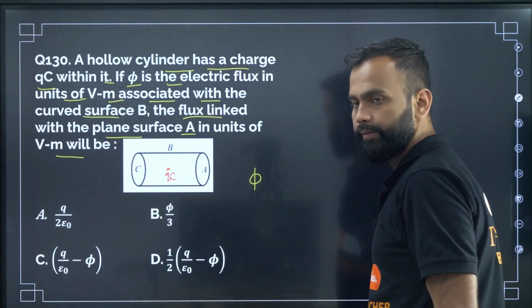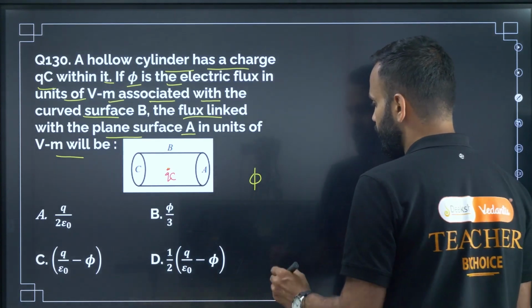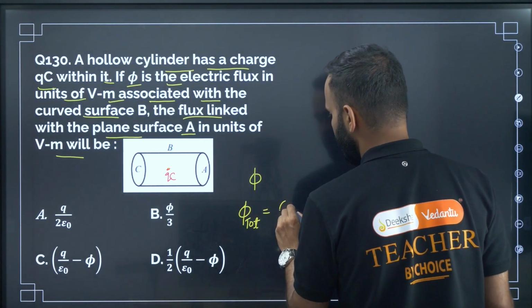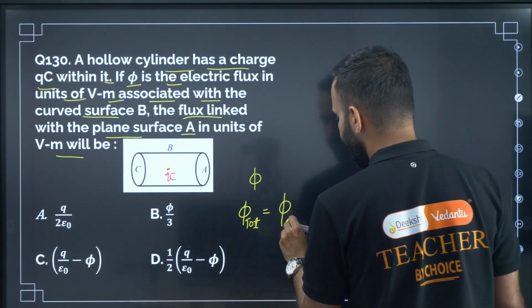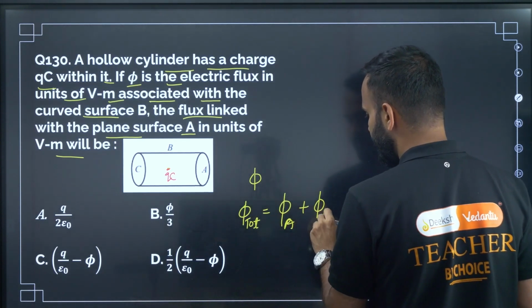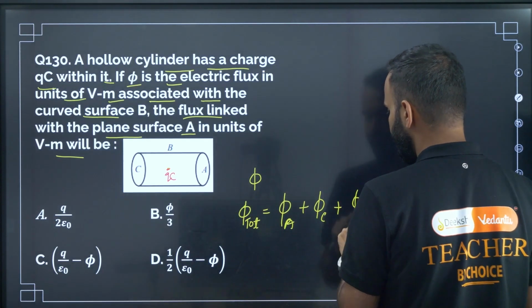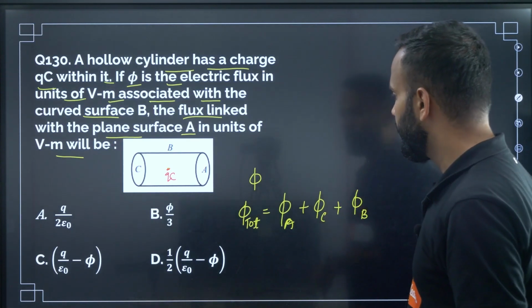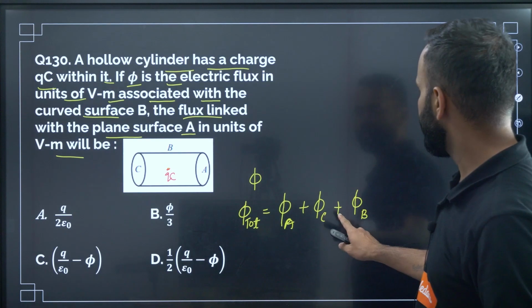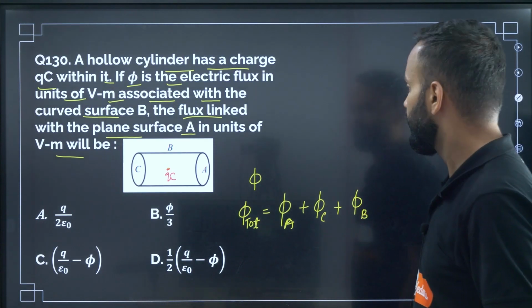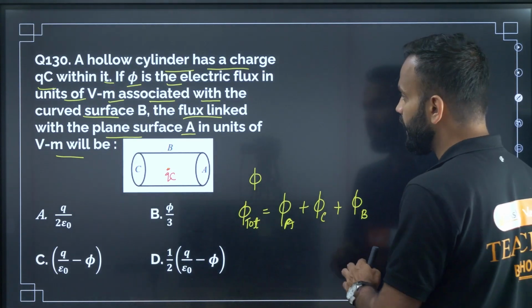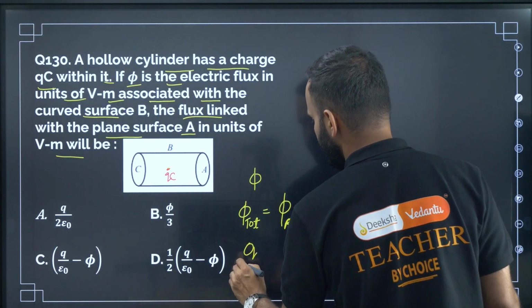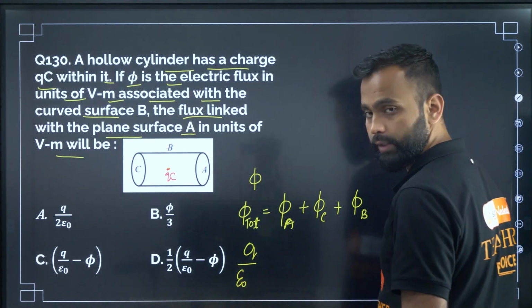So what is the total flux? The total flux is equal to flux linked with A plus flux linked with C plus flux linked with B. Here phi is the flux linked with B. So the total flux is Q divided by epsilon naught, right?